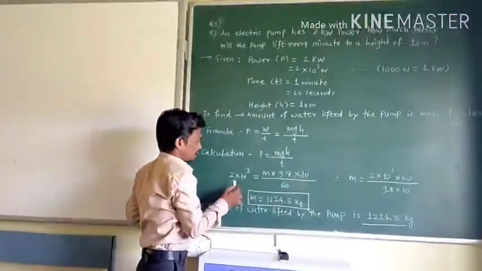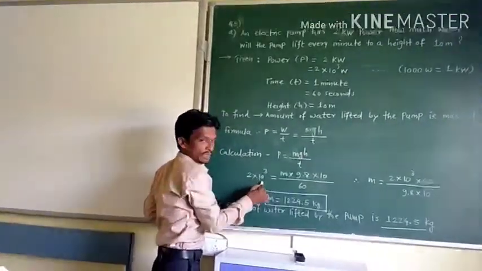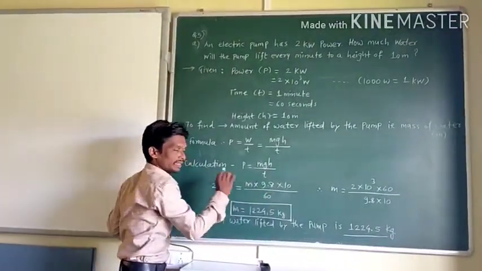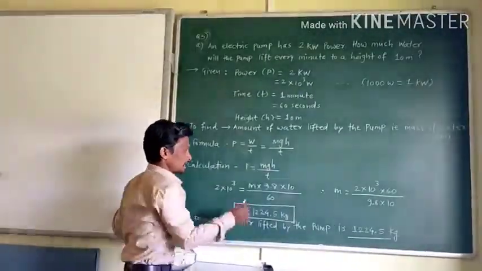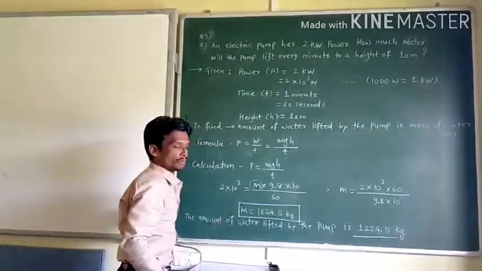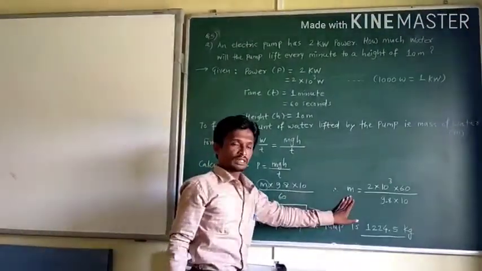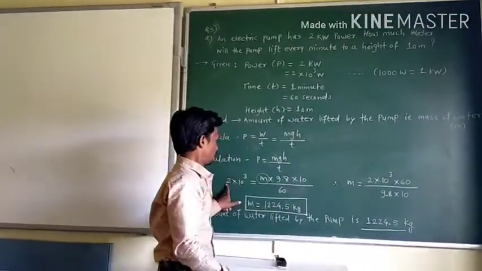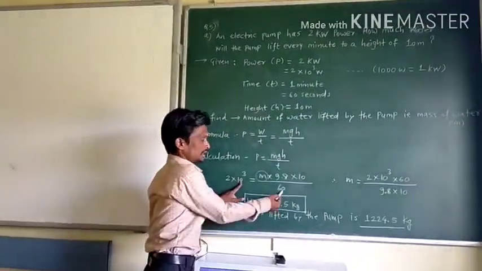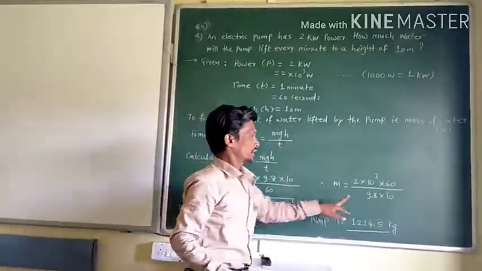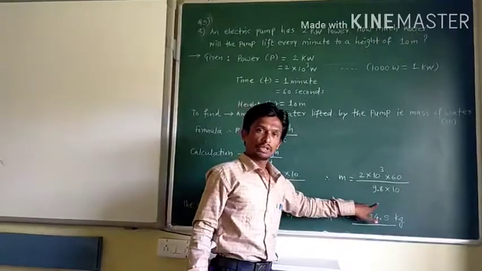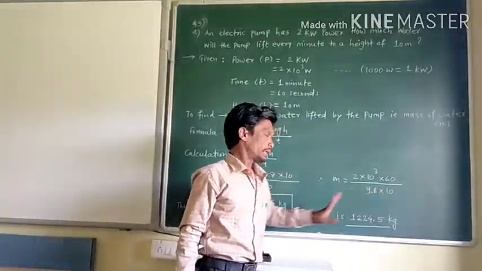So 2 into 10 raised to 3 is equal to m into 9.8 into 10 divided by 60. We don't know m, so m goes to the other side: 2 into 10 raised to 3 into 60 divided by 9.8 into 10.